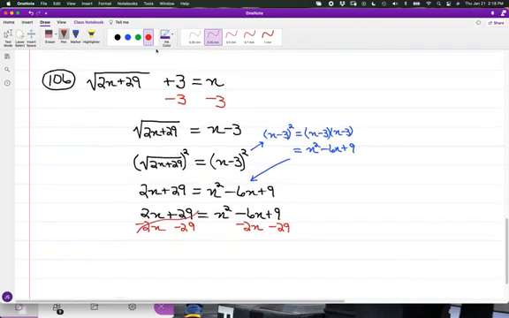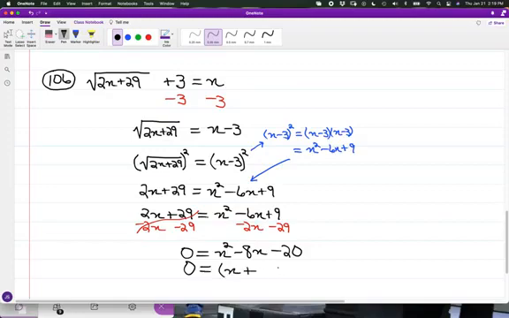So we have that 0 is equal to n squared minus 8n minus 20. Upon factoring, we're going to have n plus 2 times n minus 10. So 2 times negative 10 is negative 20, and 2 plus negative 10 is negative 8.